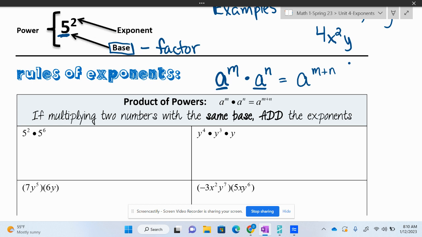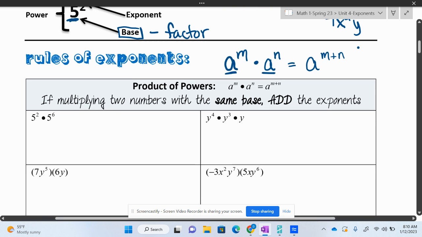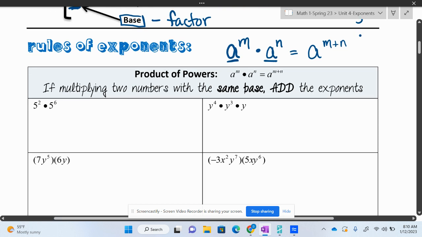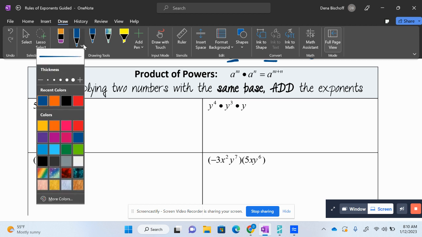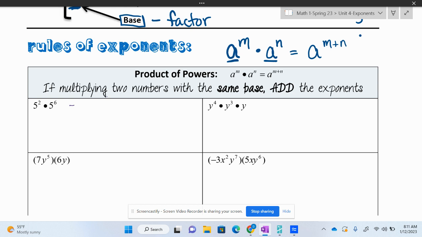Well, I think that's a terrible example because you just have a bunch of variables. That doesn't make a whole lot of sense to me. So let's use these numbers instead and see what we can figure out. Okay. So I am going to start with this first one. So 5 to the second power times 5 to the sixth power. Is the base the same?